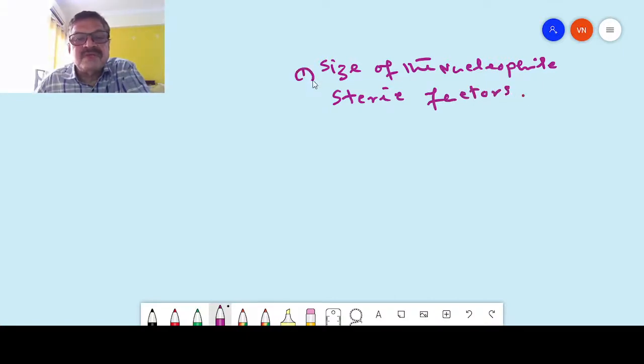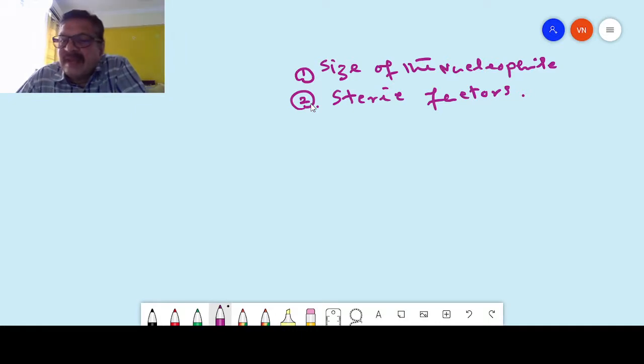These are the two things we will have to understand here. Because strong bases are usually strong nucleophiles, but it can change depending upon the size of the nucleophile and certain steric factors.